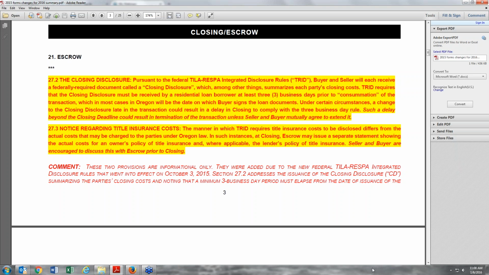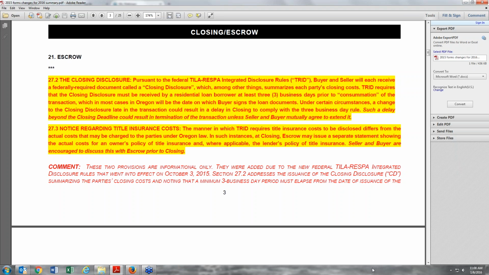It's the date that the loan is funded and the documents are recorded, and that's what we regard as the closing date. But if you went in under TRID and signed a promissory note today, even though it wasn't funded and it wasn't recorded, under TRID that would be the consummation, because now in theory the loan became binding.